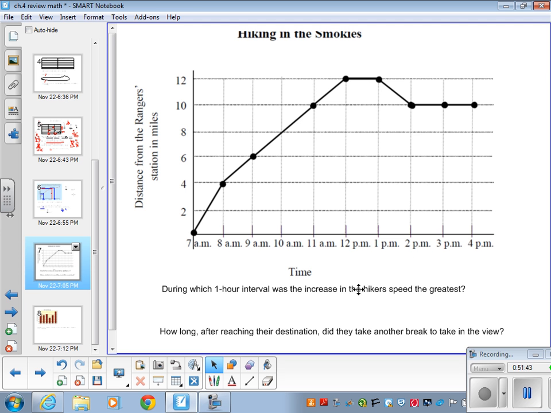And we knew that when it started going down, it was decreasing. But let's see, when was the increase? So I have some important information here. Which 1 hour interval? So that means I need 2 times, because 8 to 9 is an hour, 9 to 10 is an hour. So your answer is going to have 2 times. Was the increase means up.